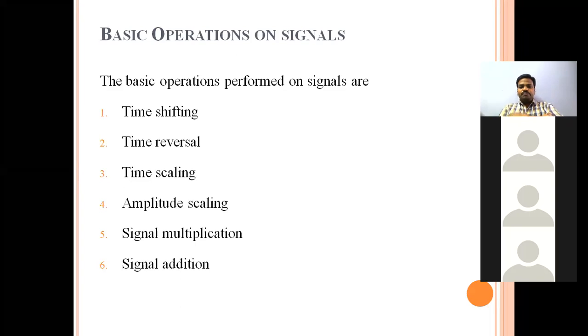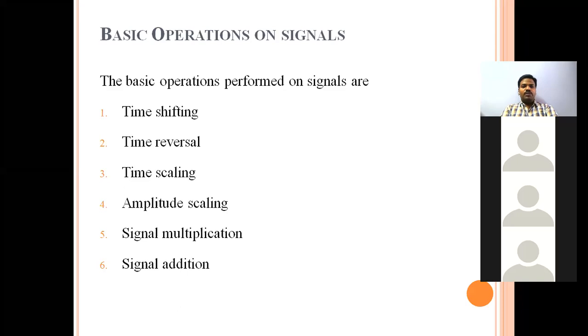So in that case, an operation is required to perform the functions on a regular basis. In this case also, you have to do some operations on these signals to get the required content from the signals.